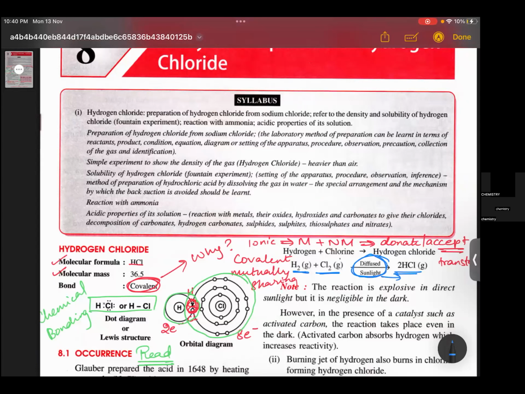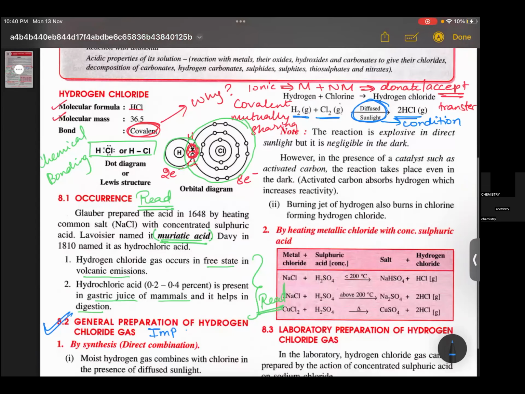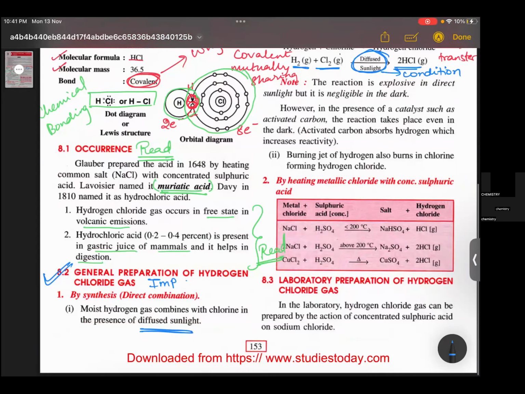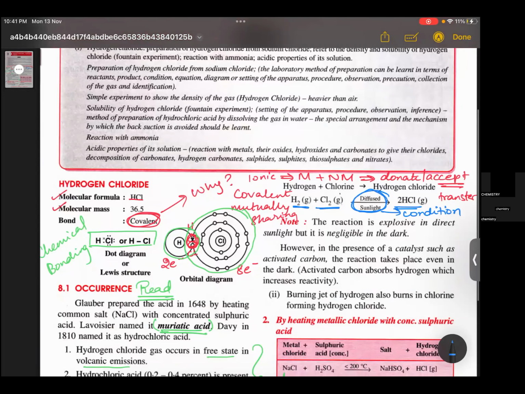Here you have to remember to write the condition. So the condition of direct preparation is diffused sunlight, and you have to remember your balancing. If you do not balance in chemistry, you will either get 1 for an equation or you'll get 0. If you do not balance an equation, you will get a straight 0.